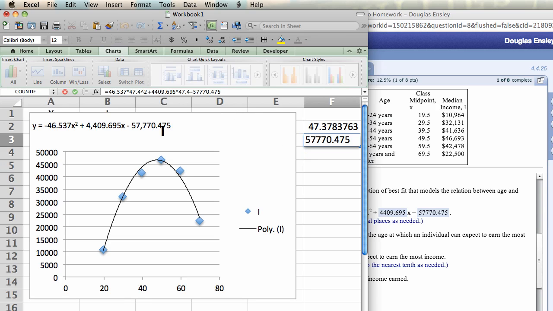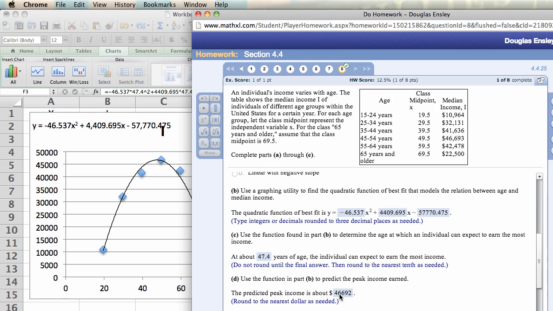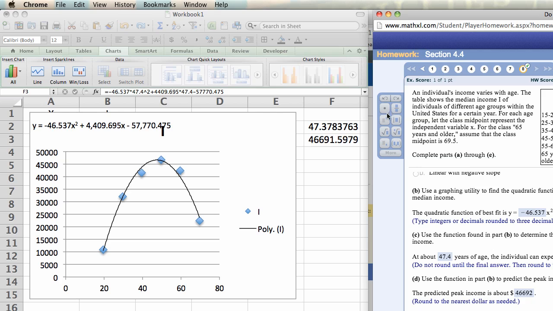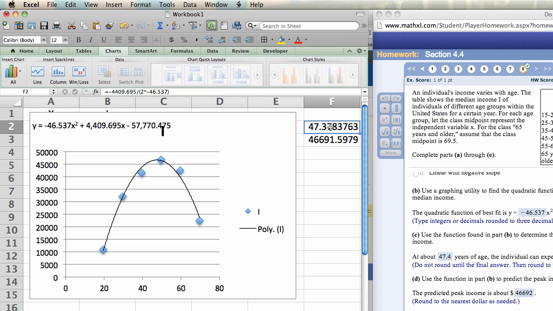Oh, negative. I lost my negative sign. Negative 46.537. So I get an income level of $46,691.92 if I round to the nearest dollar. And so that's what I've typed here. So this is the x-coordinate of our vertex. This is the y-coordinate of our vertex. The x-coordinate is the age where the maximum income occurs. The y-coordinate is that maximum income.